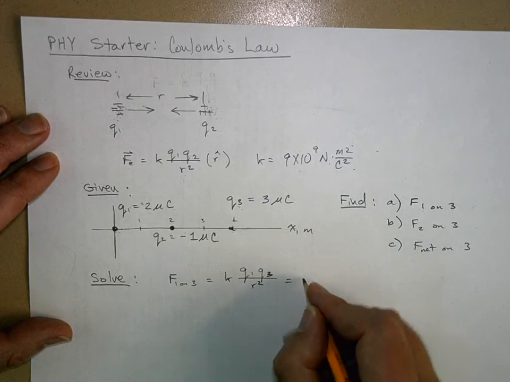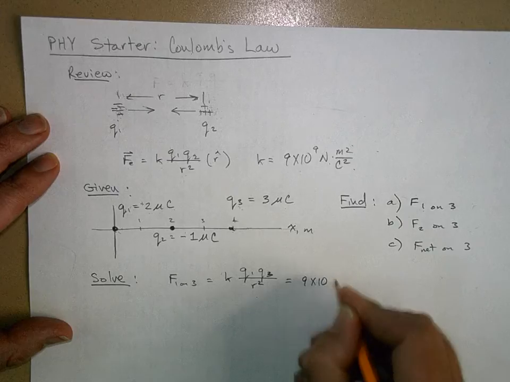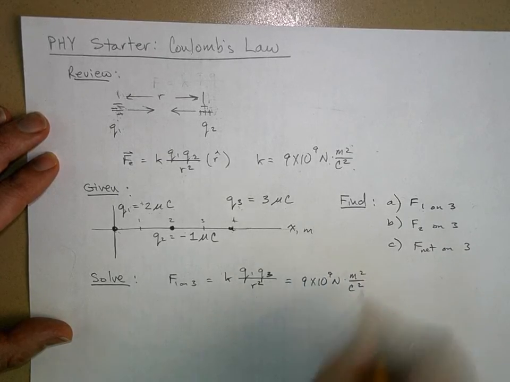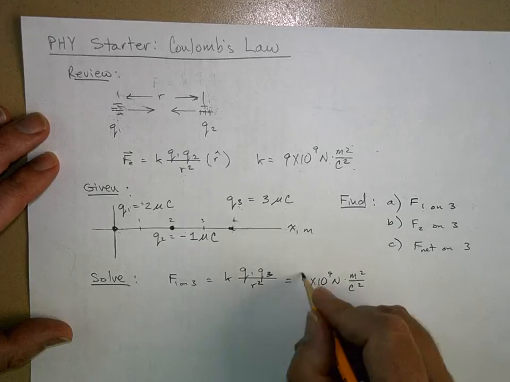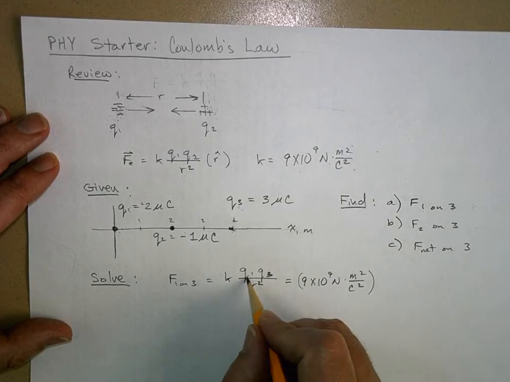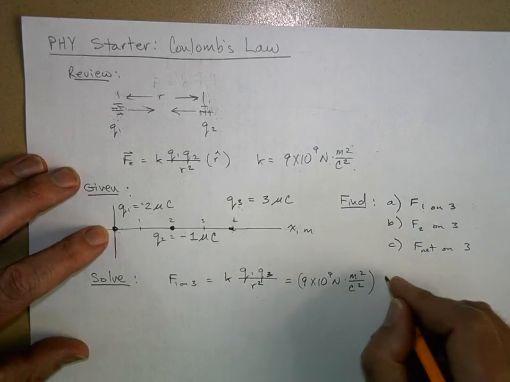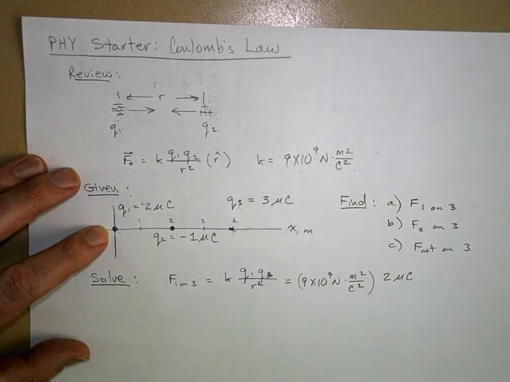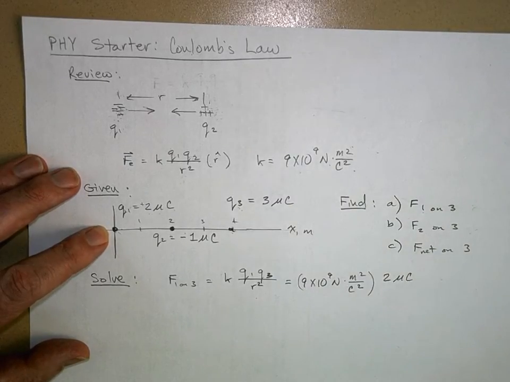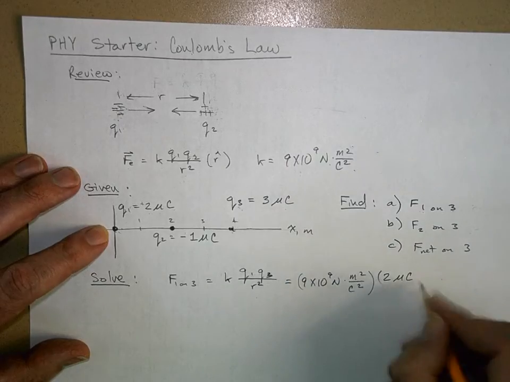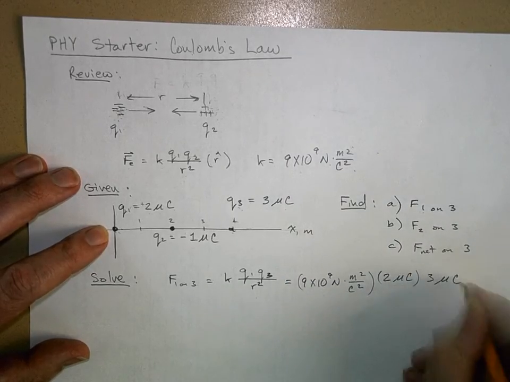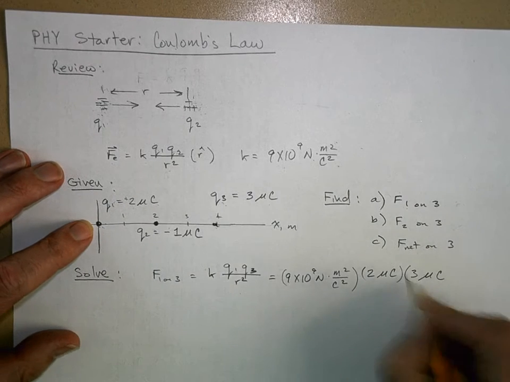Now let's put in the values: 9 times 10 to the 9 newton meters squared per coulomb squared. Now I'm going to multiply by Q1, which is 2 microcoulombs. What does micro mean? Times 10 to the negative 6. Don't forget to multiply that in. And then Q3 is 3 microcoulombs as well.